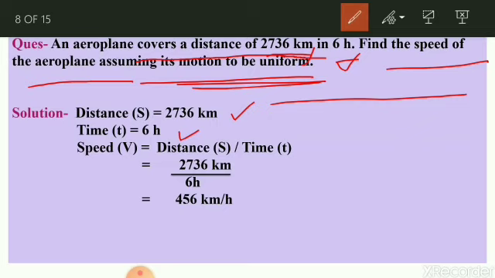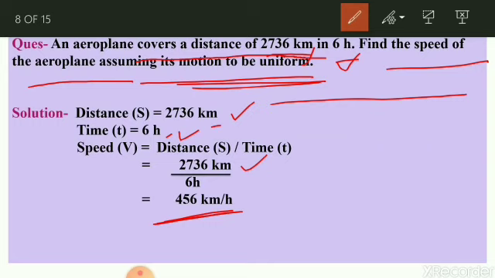Distance is already given in kilometers and time in hours, so we put the data in the formula. Speed is equal to 2736 kilometers upon 6 hours. When we divide 2736 by 6, we get 456 kilometer per hour.